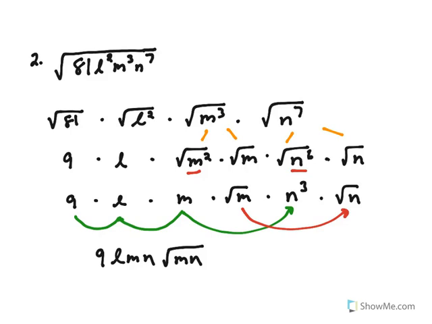Whoops, I forgot the n cubed, because this was n to the 3rd, so I forgot to write that. So it's 9LMN cubed times the square root of mn. And that's going to give you the solution for that. All right, let's do another one.